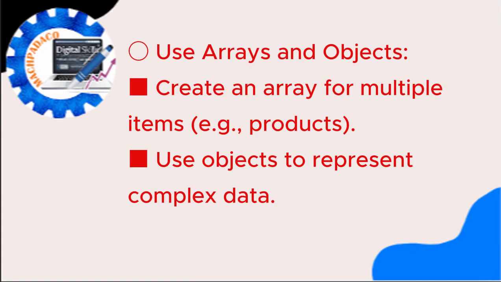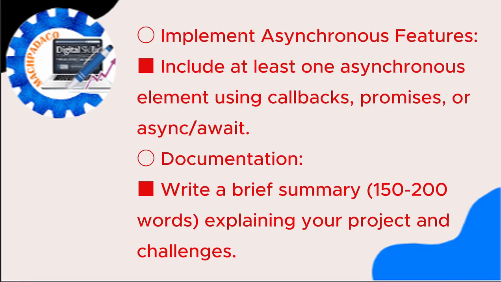Create an array for multiple items, e.g. products. Use objects to represent complex data. Implement asynchronous features. Include at least one asynchronous element using callbacks, promises, or async/await. Documentation. Write a brief summary, 150 to 200 words, explaining your project and challenges.